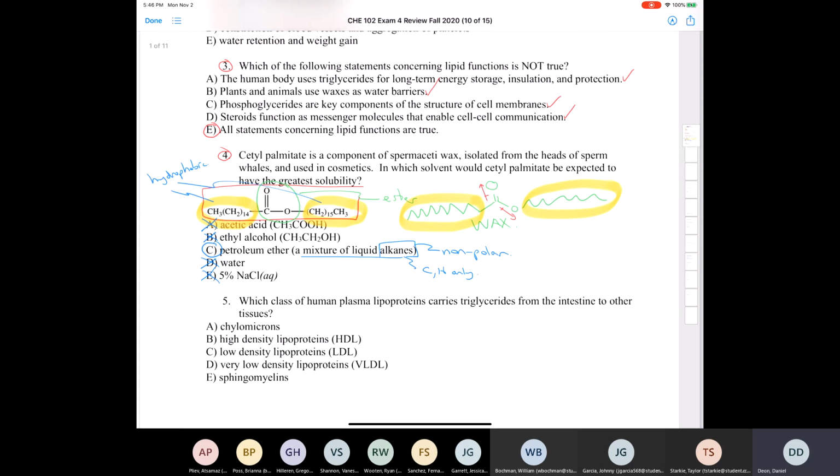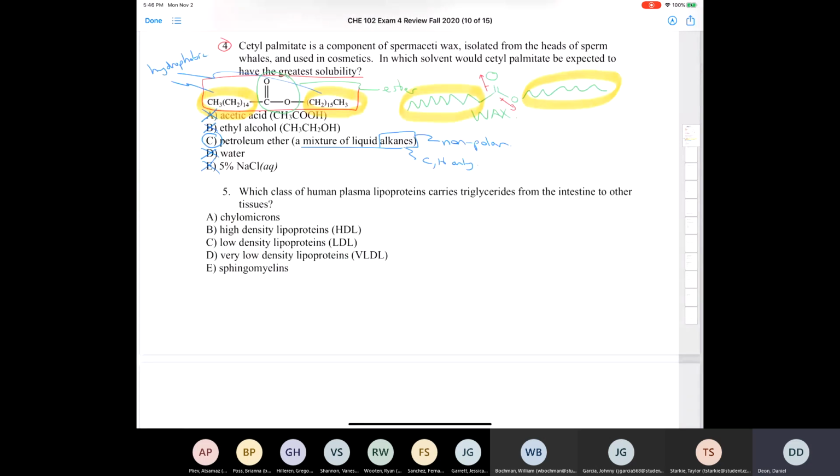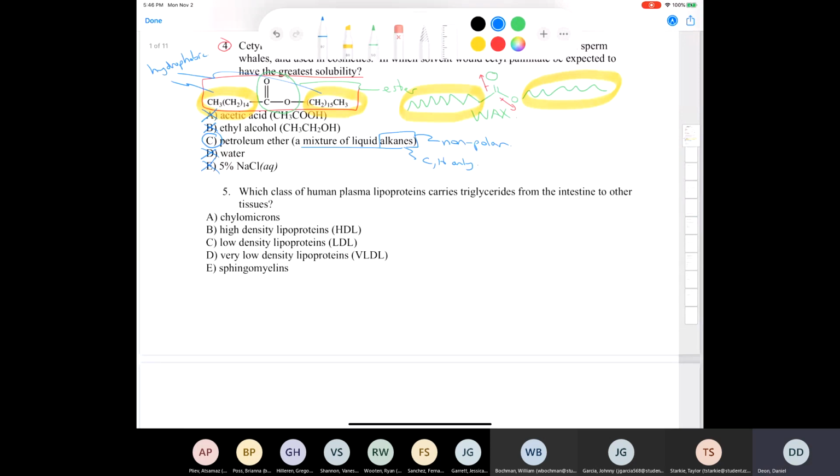Well, let's look at the next one, which deals with human plasma lipoproteins. We looked at 4 classes of lipoproteins: the chylomicrons, the VLDL, the very low density lipoproteins, LDL, the low density lipoproteins, and HDL, the high density lipoproteins. But it's asking us which class of human plasma lipoproteins carries TGCs or triglycerides from the intestine to other tissues.